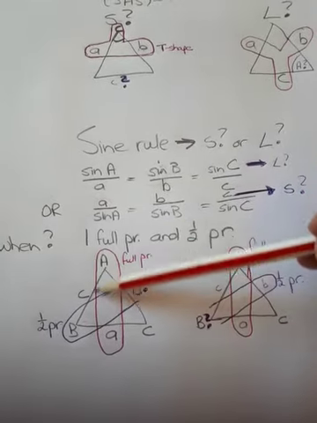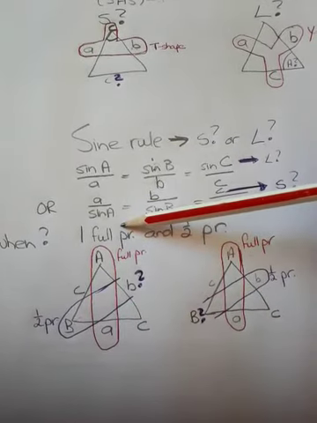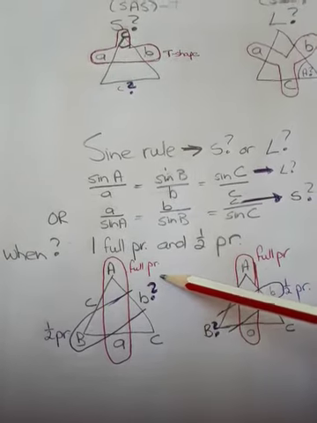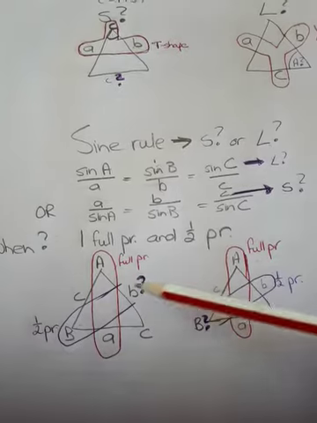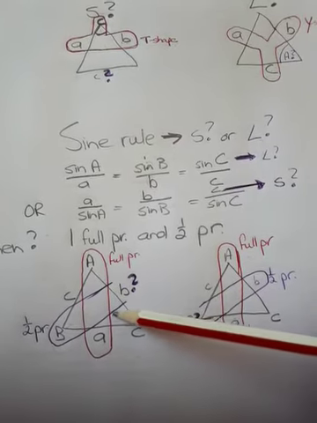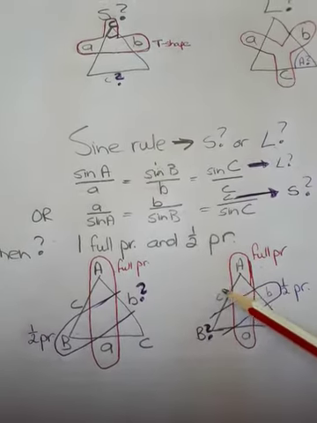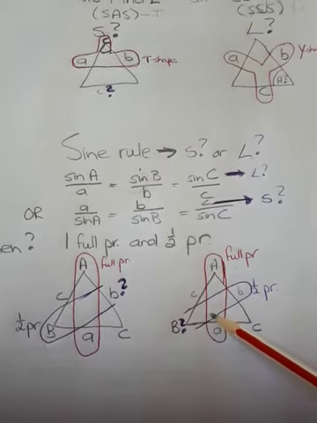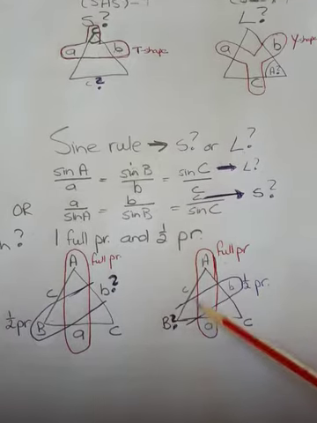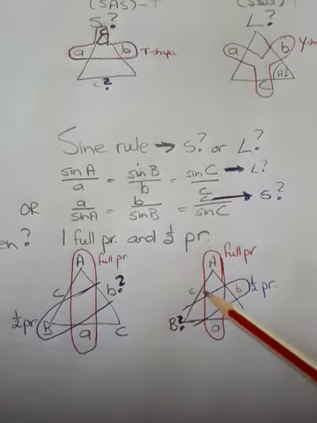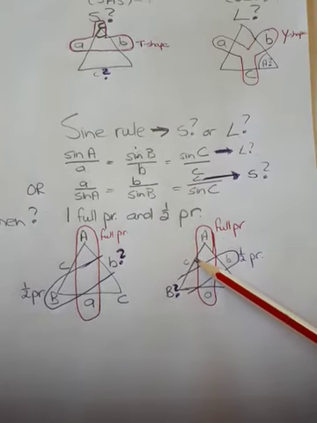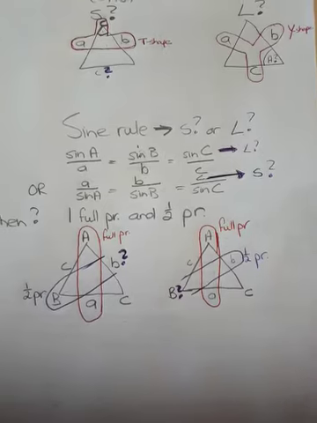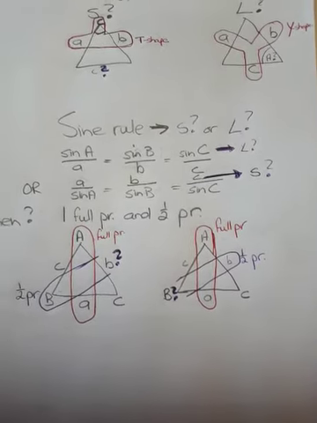When we draw our triangles, we've got one full pair and a half pair, and people remember that your question mark actually completes the second pair, okay? And you then just simply substitute your values, choose the correct formula, substitute your values, then calculate and get your answer correct to 3 significant figures.